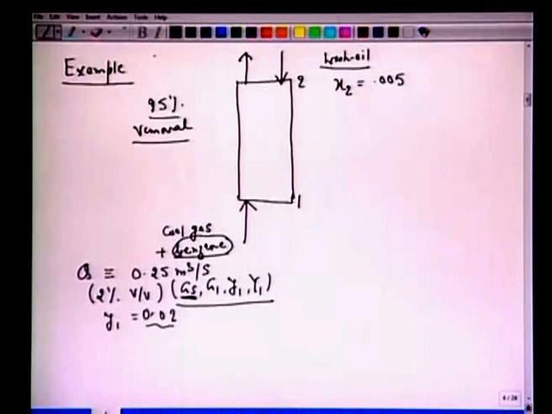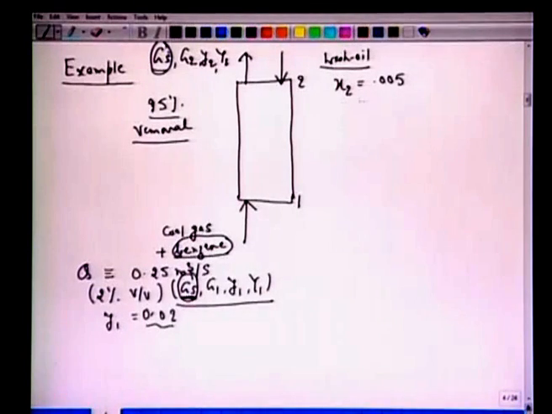Before we do the calculation, let us mark the specs here: Gs, G2, small y2 and capital Y2. Notice we have Gs without any subscript, because the amount of Gs will remain the same. That is the carrier gas, the benzene free coal gas, which is not soluble in wash oil.